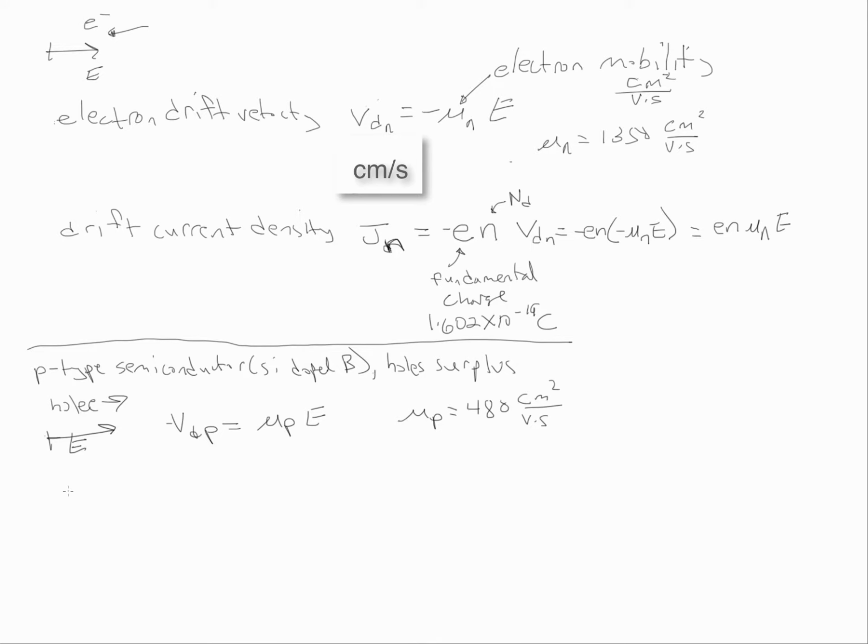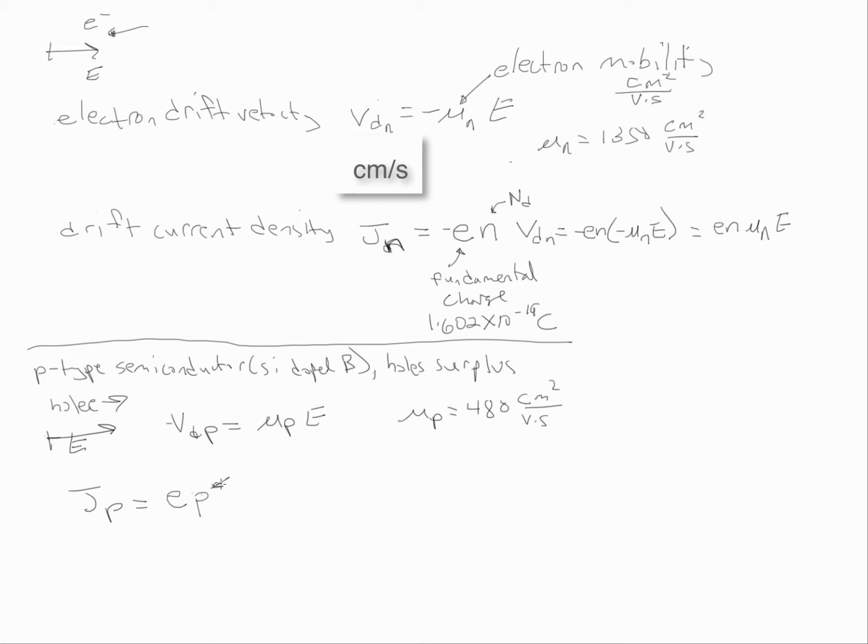And then we could calculate the hole drift velocity. Sorry, it's going to be equal to the fundamental charge times the number of carriers.